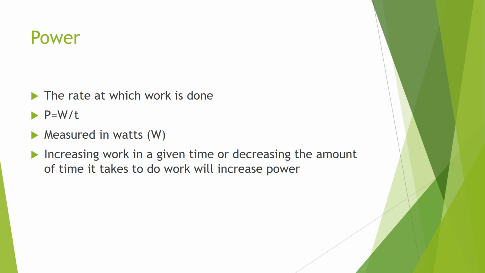But also if you decrease the amount of time it takes to do the work, let's say you do 10 joules of work two different times, but one takes 10 seconds and one takes 5 seconds, the time that took 5 seconds meant that you had more power. And now we're talking machines, not necessarily humans here. But if you do more work in a time or you take less time to do the work, you're going to increase your power overall.